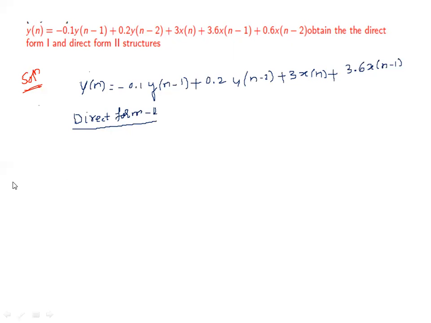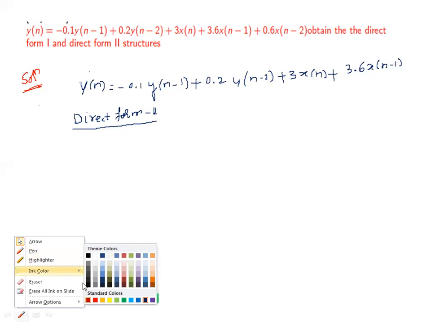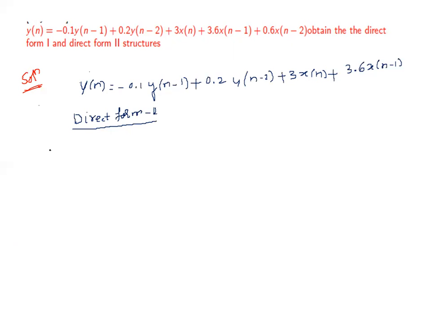First we will take x of n as an input, then we'll add this. Here we want 3 x of n, so 3 as a multiplier I will take, and this is the first part I have taken. The second part we have is 3.6 into x of n minus 1.